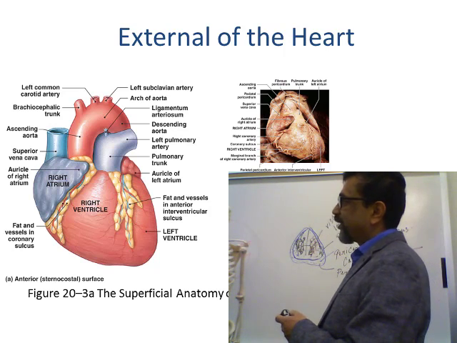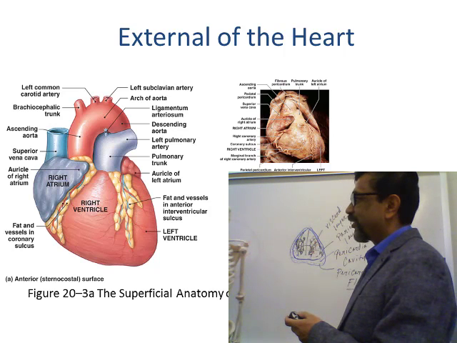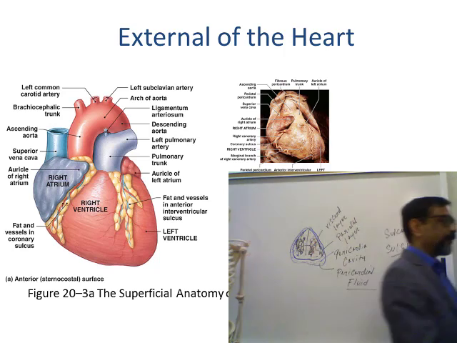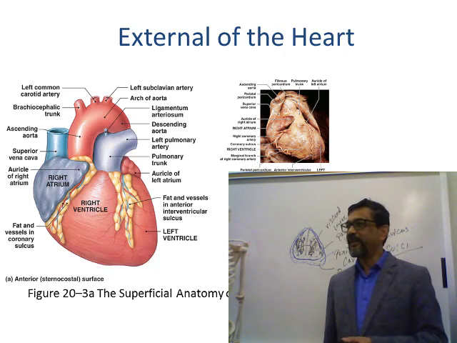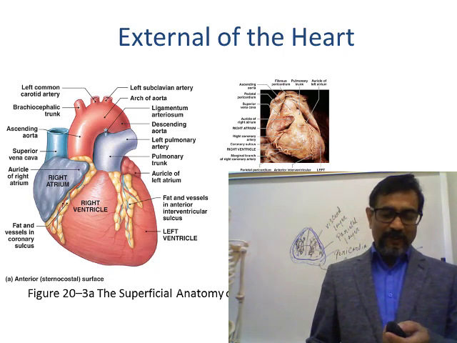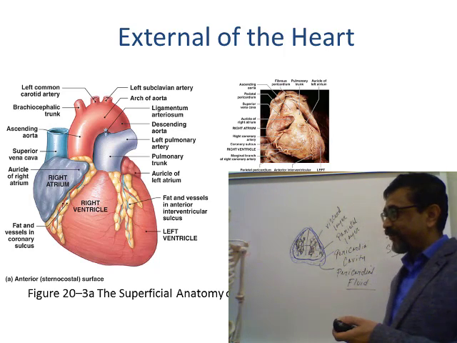That is called the coronary sulcus. This one. So above that atrium, below ventricle. So between atria and ventricles is the coronary sulcus. So from outside you can actually tell where the atria and ventricles are, which one is right ventricle, which one is left ventricle, by looking at those sulci.